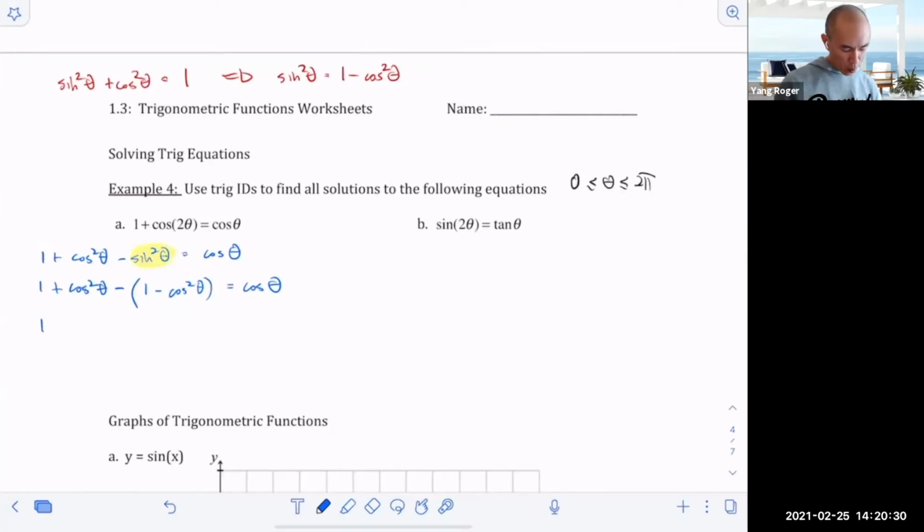So this will be 1 plus cosine squared theta minus 1 plus cosine squared theta is equal to cosine theta. The 1 and the negative 1 cancel each other out. I have 2 cosine squared thetas. So this becomes 2 cosine squared theta equal to cosine theta.